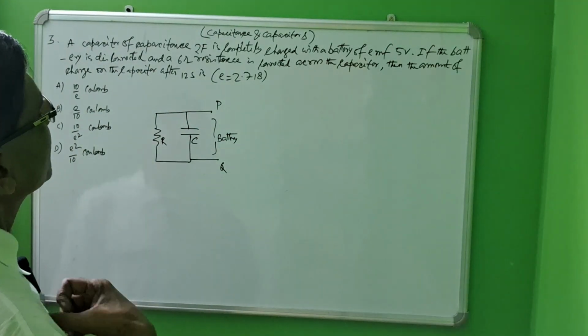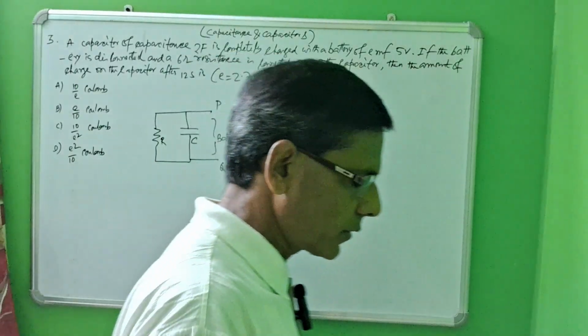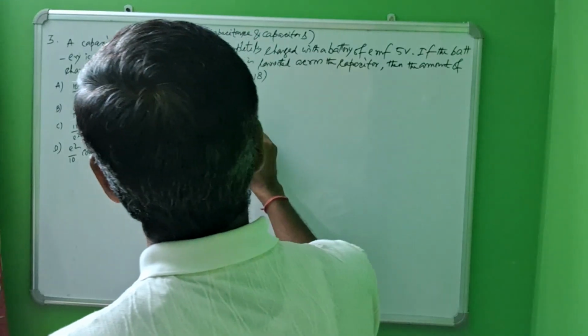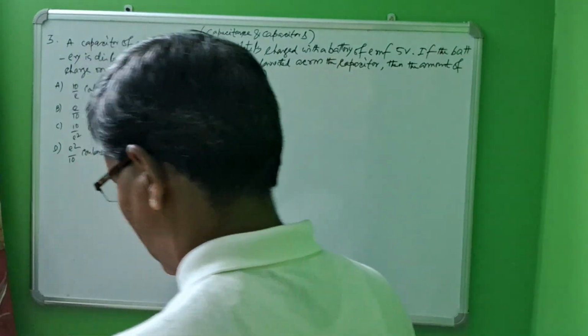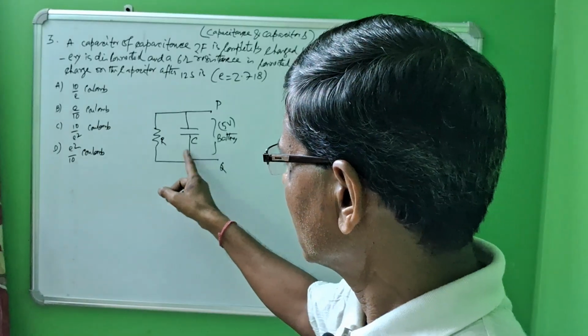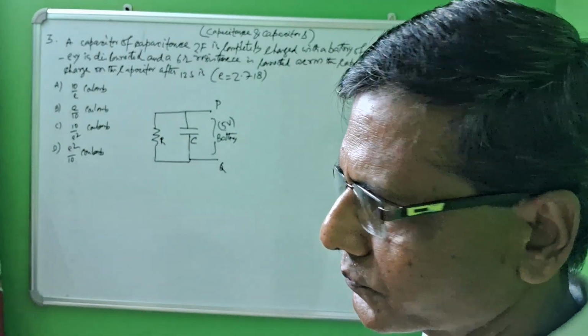This is the diagram. Here the capacitor is charged fully by a 5 volt battery, and then it is disconnected and a resistance is taken across the capacitor.